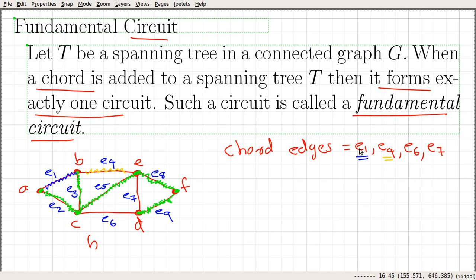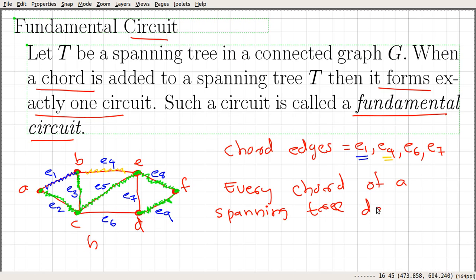Each chord edge uniquely determines a fundamental circuit. Let me write down: every chord of a spanning tree defines a unique fundamental cycle or fundamental circuit.